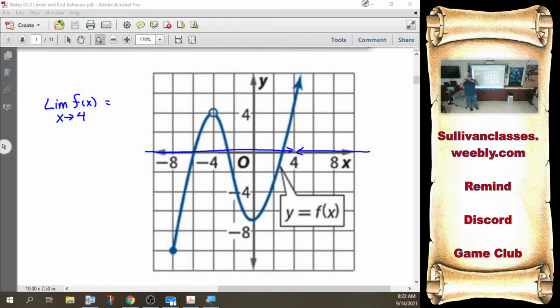So as I get really close to 4, what are my y's doing? No, as I go to 4, not past 4, 4 itself. It gets really close to 5. It might actually touch 5. But as I get close to the 4 button, as I go to 3.9999999, as I go to 4.00001, as close as possible to 4, the y's are going to be as close as possible to 5. So I would just say the limit is 5. That's it.